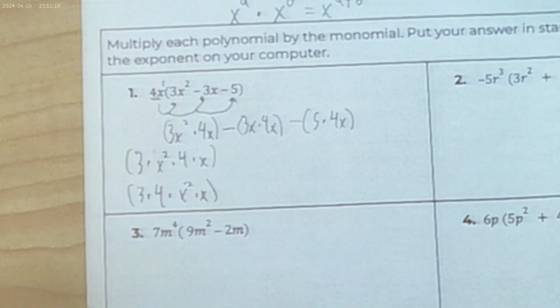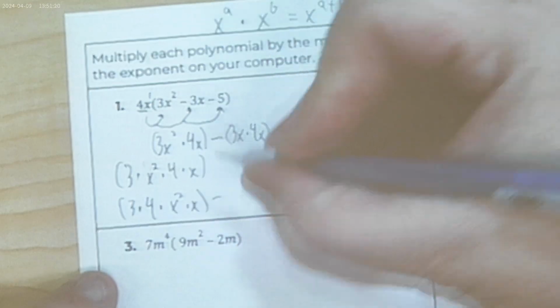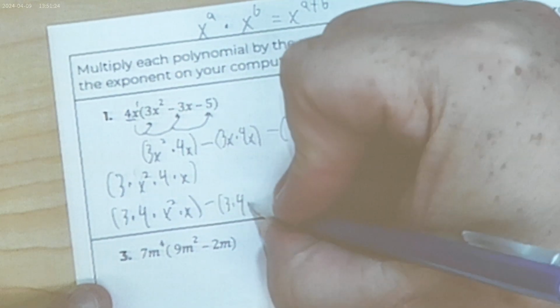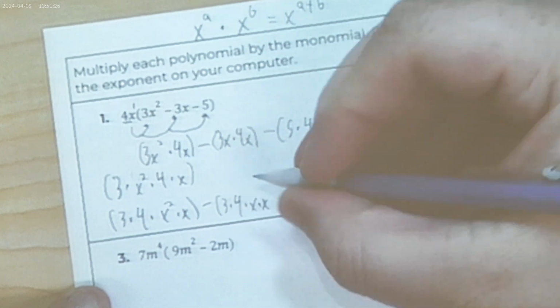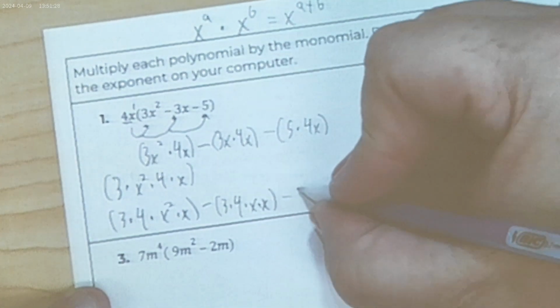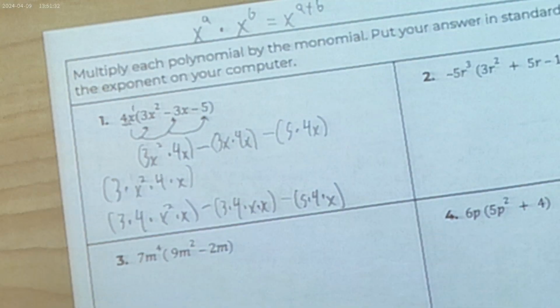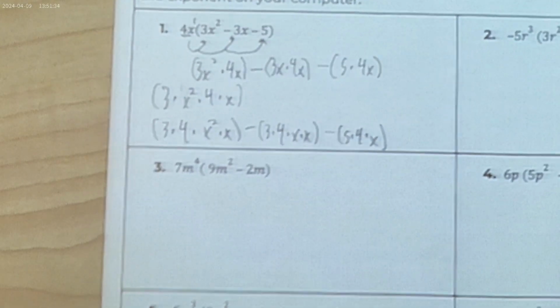So by that same logic, that gives me 3 times 4 times x minus 5 times 4 times x. And so, like I said, there we go.